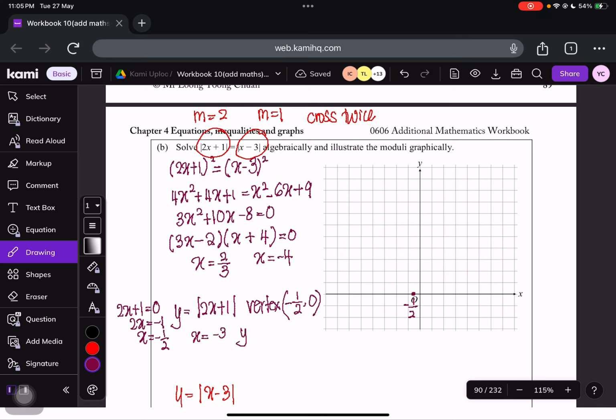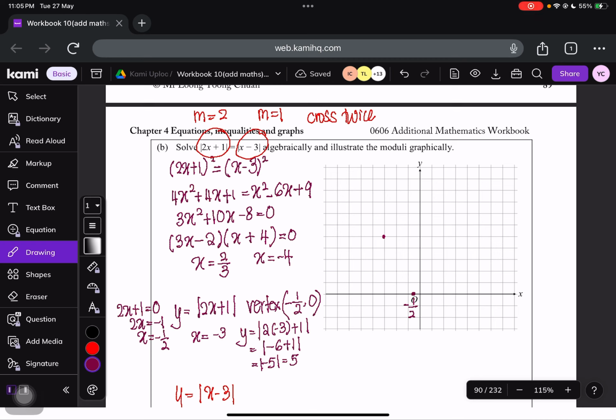So y equals modulus of 2 times negative 3 plus 1, which is modulus of negative 6 plus 1, modulus of negative 5, which gives me 5. So negative 3, 5. Somewhere around here. That's the point on the left side.